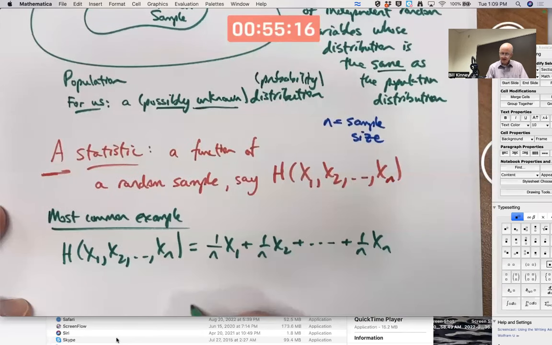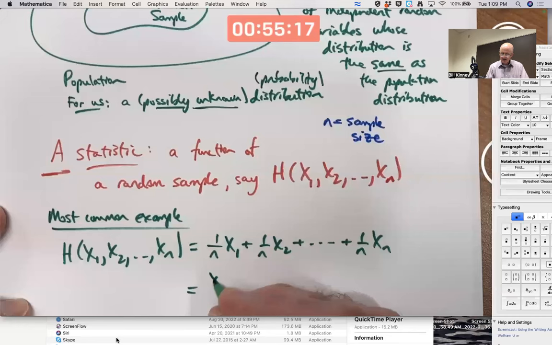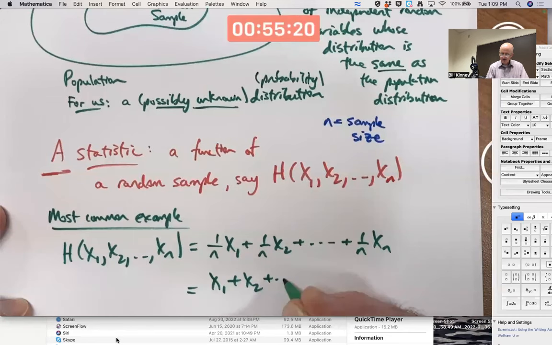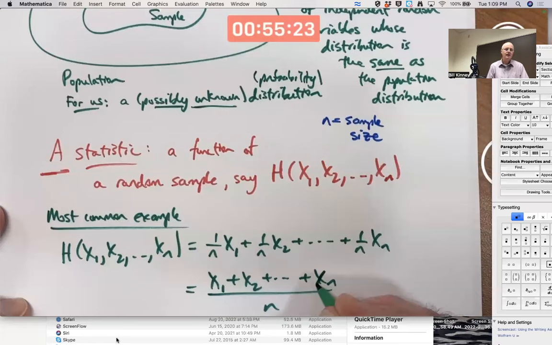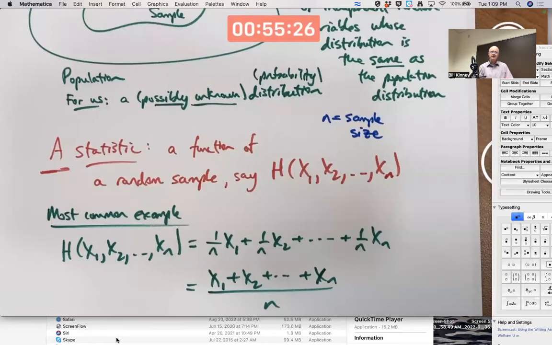More typically written, x1 plus x2 plus ... plus xn all over n. Notice I'm using capital X's here, by the way. This is a function of the random sample, using capital X's for the random sample because they're random variables. What am I doing there?